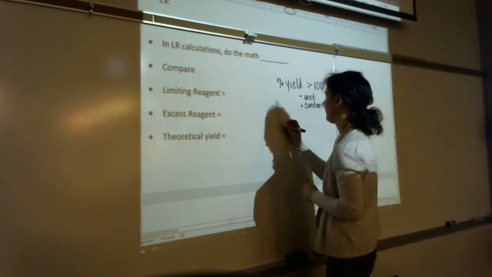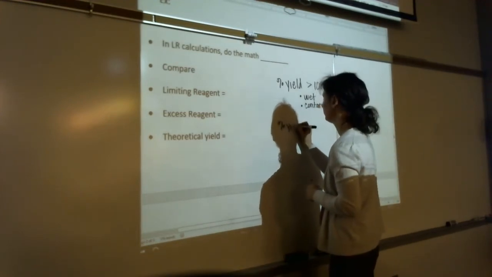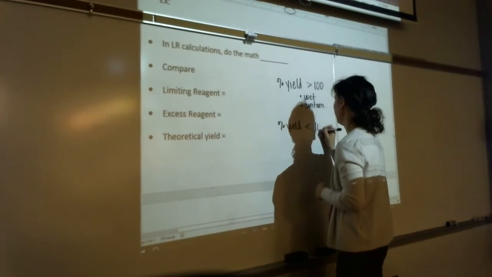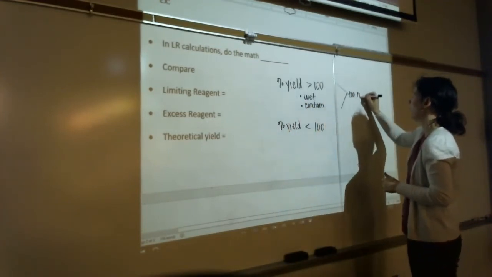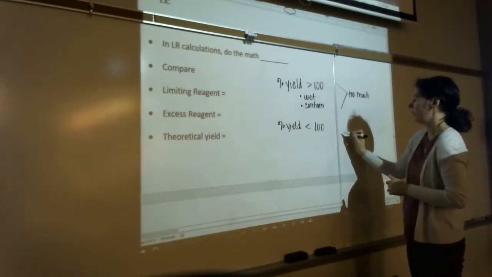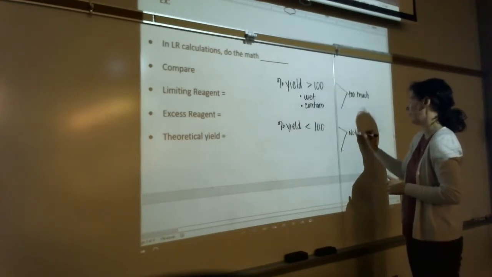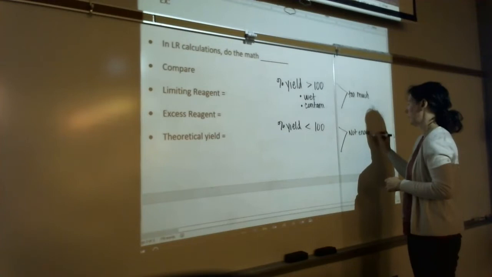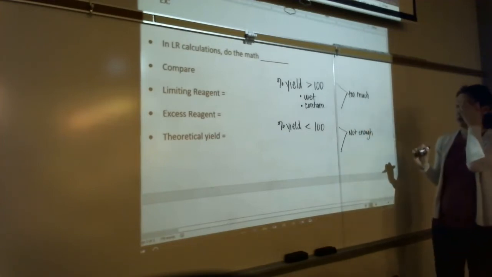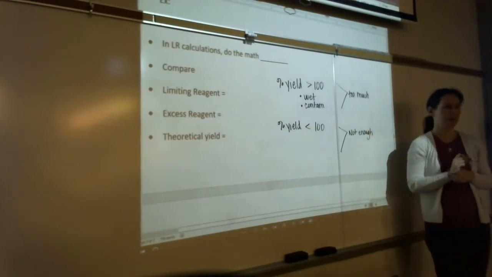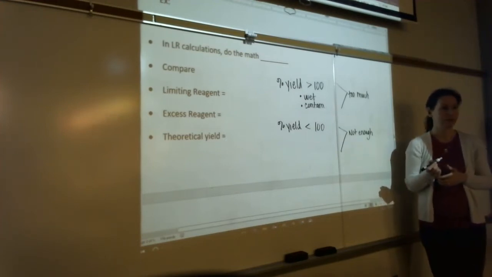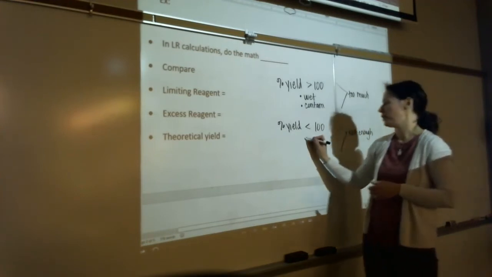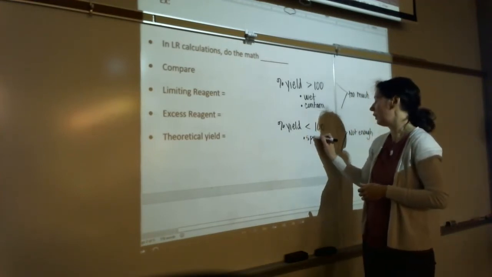What about if your percent yield is less than 100? In the last scenario, you had too much. In this scenario, you have not enough. So what are some ways that you could have not enough? You've lost product somehow. So what are some ways that you could lose product? Spill, right?